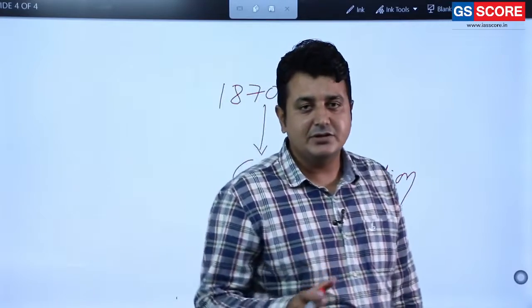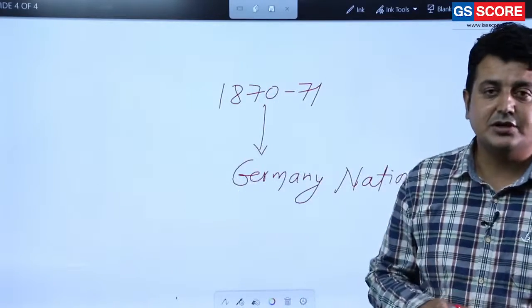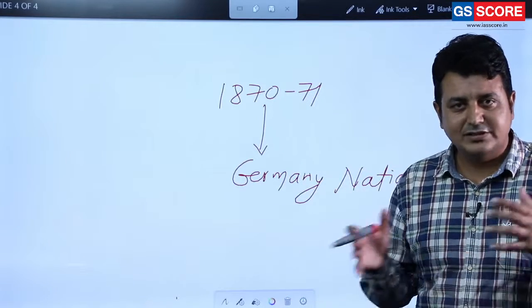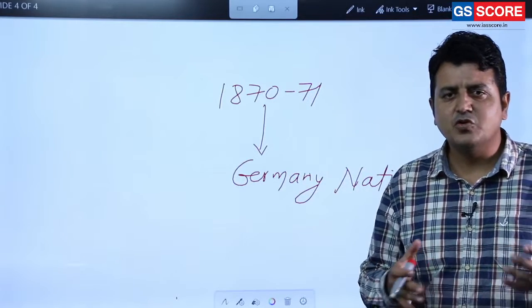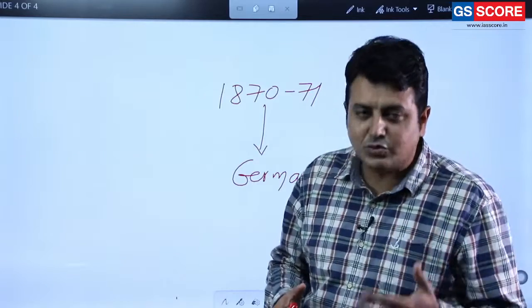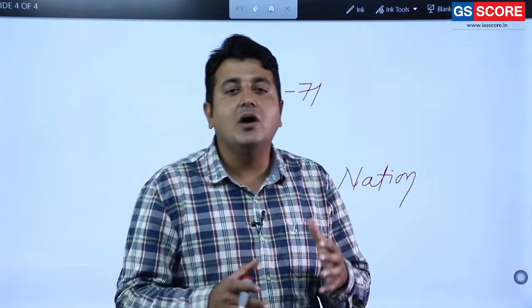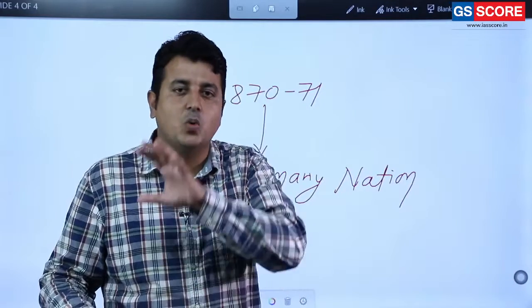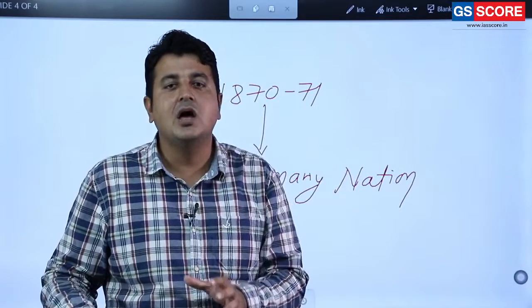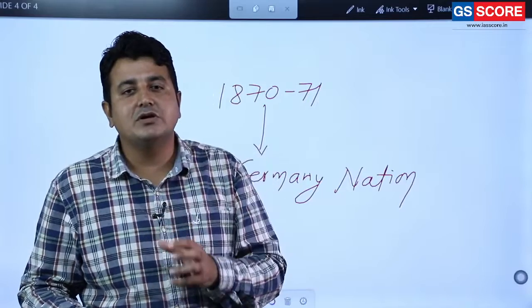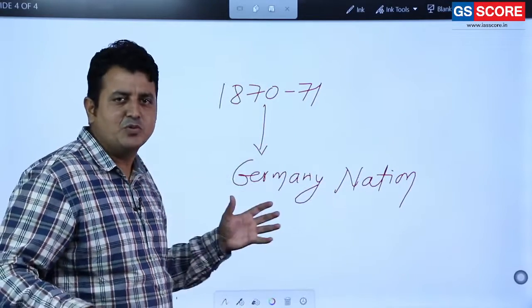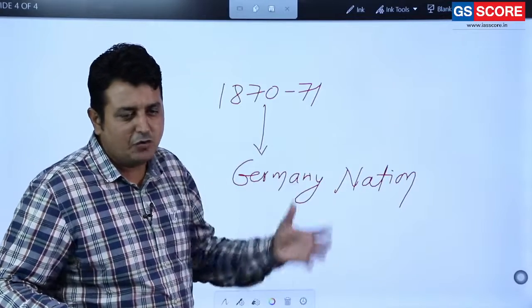In 1870-71, Germany became a nation state. Was it a sudden move? Of course not. There was a process, and we have to consider that. Without understanding the whole concept of unification, it is very difficult to understand the process of unification of Germany. The same process is applicable to the unification of Italy.